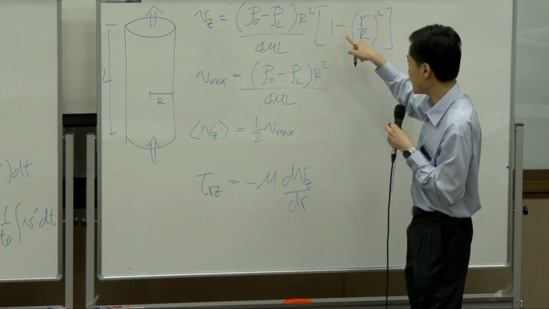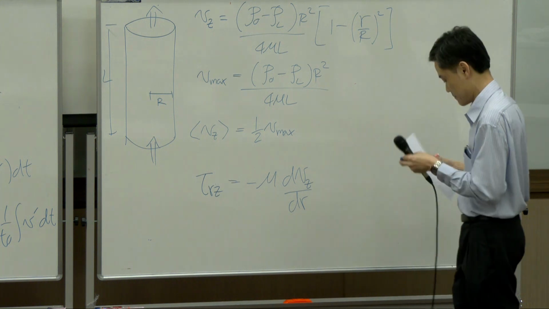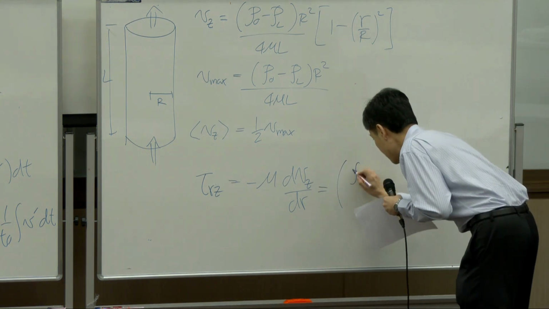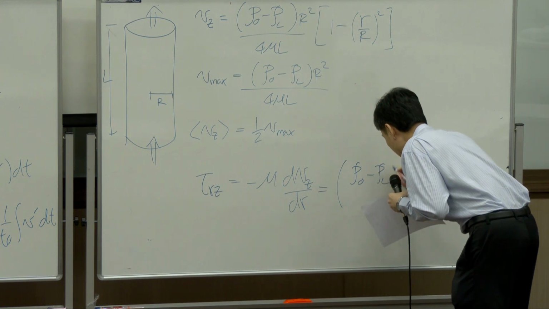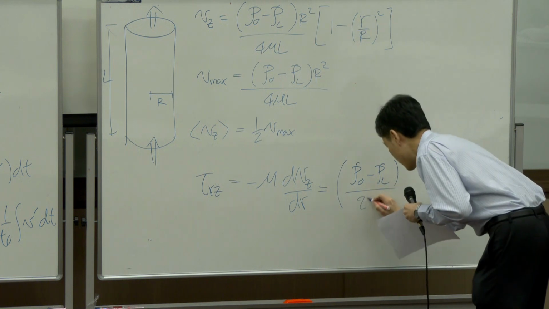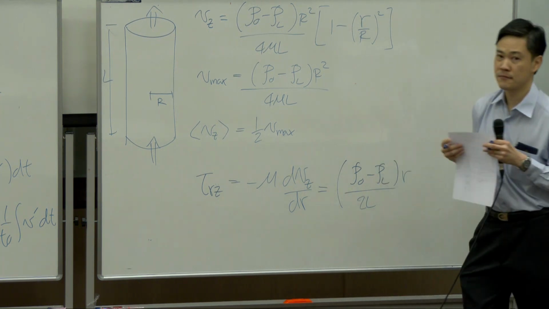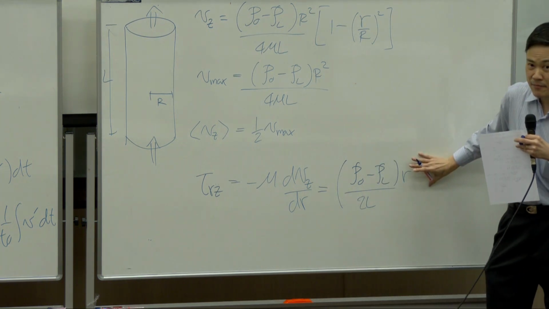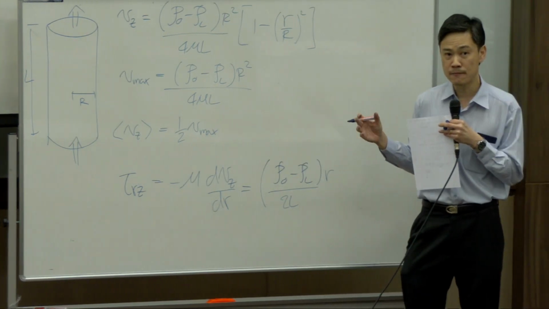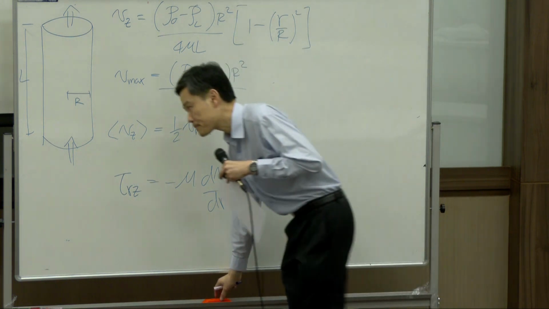Okay? If you take this, differentiate it, you end up with (P0 minus PL) over 2LR, which is supposed to be the same as what you will find if you start from shell balance. Okay?